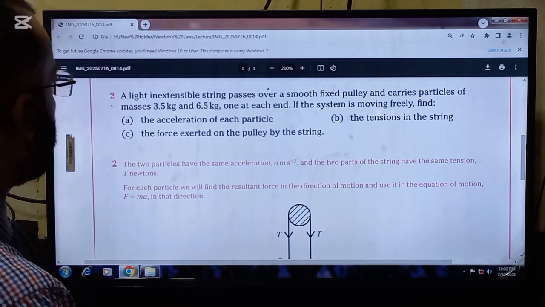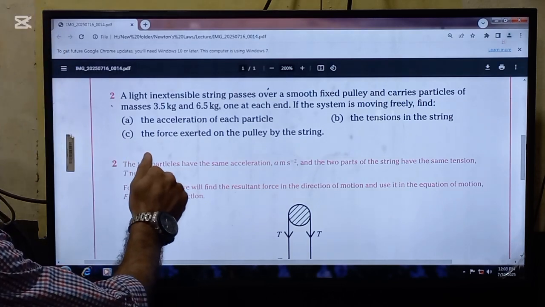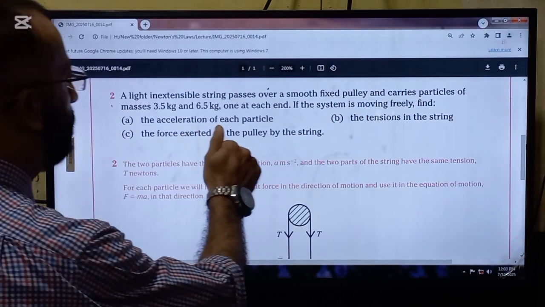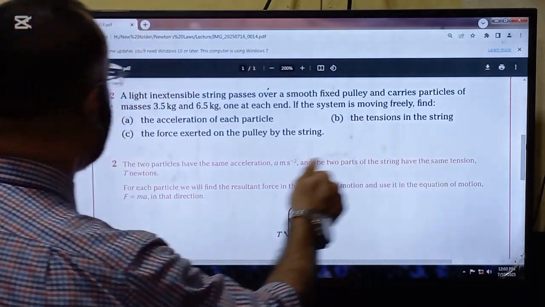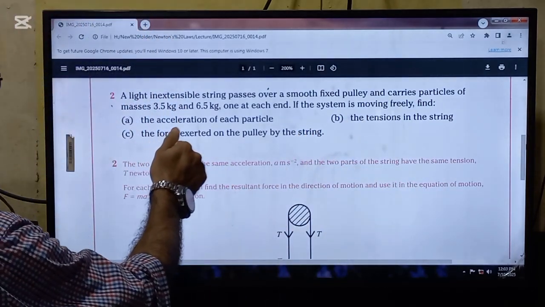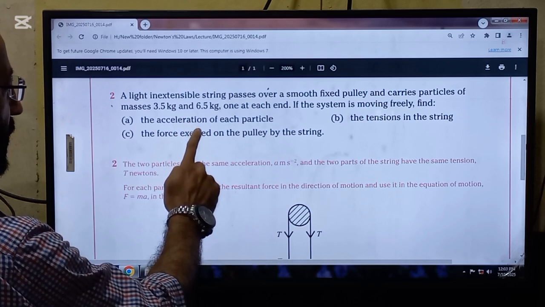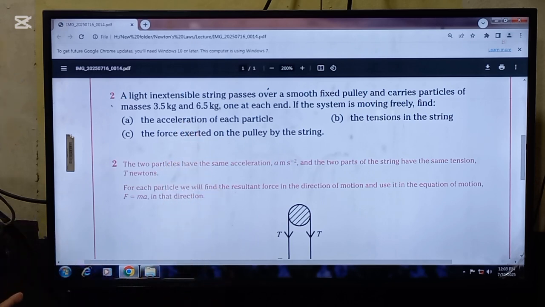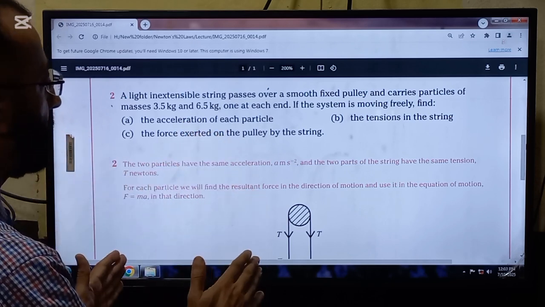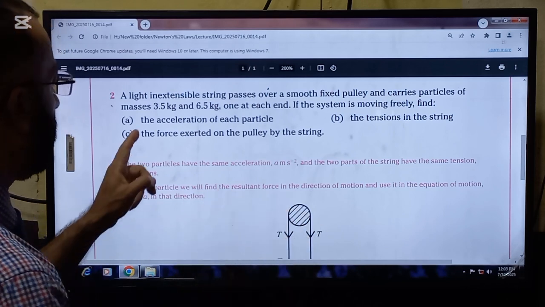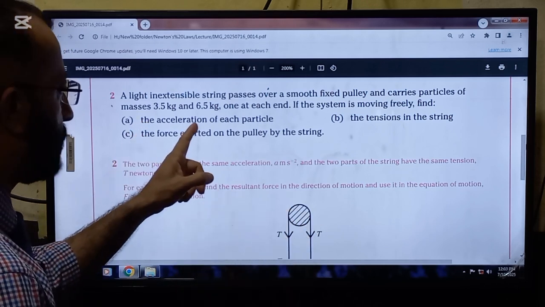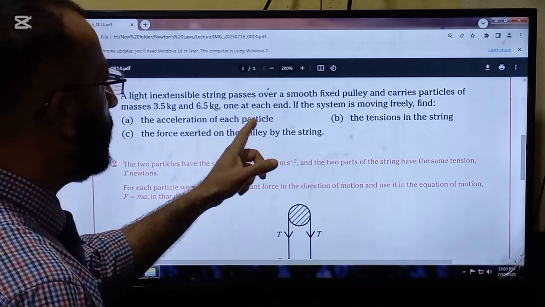Here is another question. A light inextensible string passes over a smooth fixed pulley and carries particles of masses 3.5 kg and 6.5 kg, one at each end.